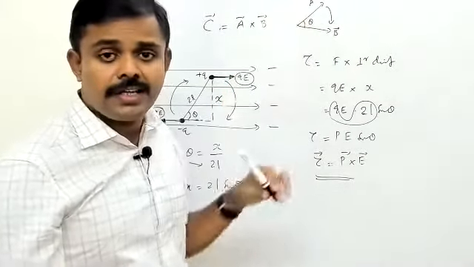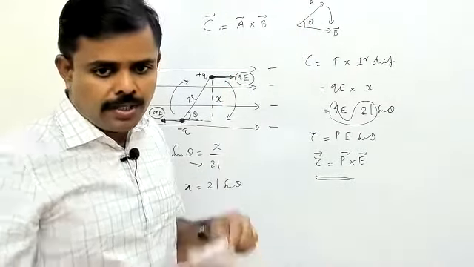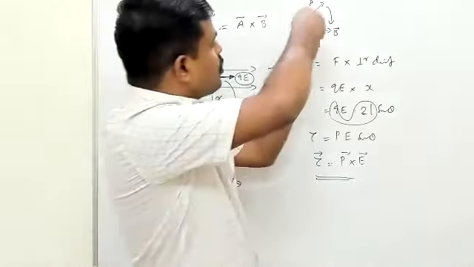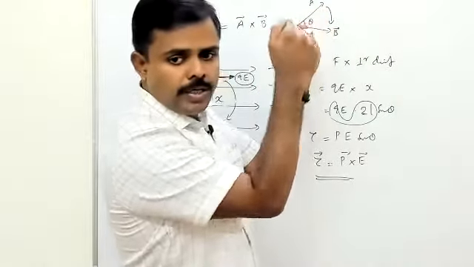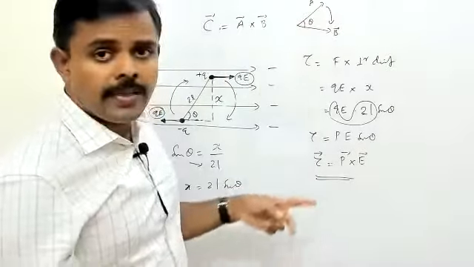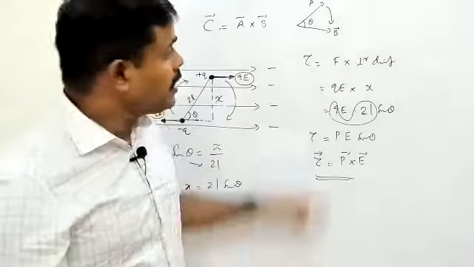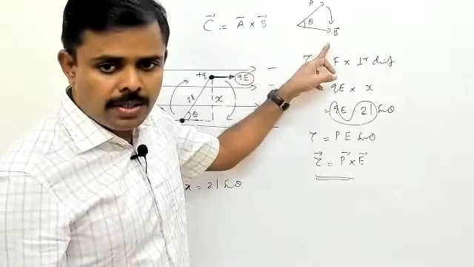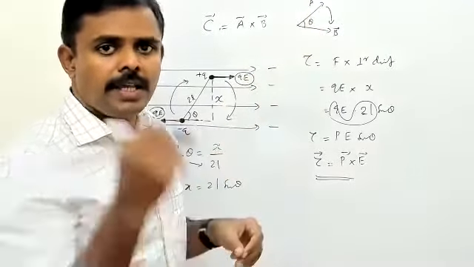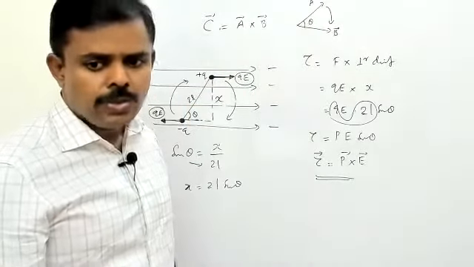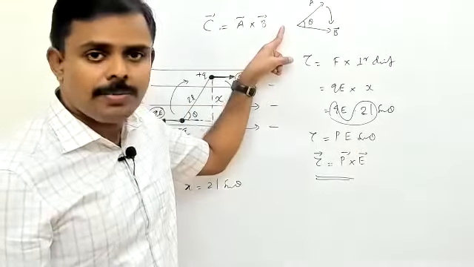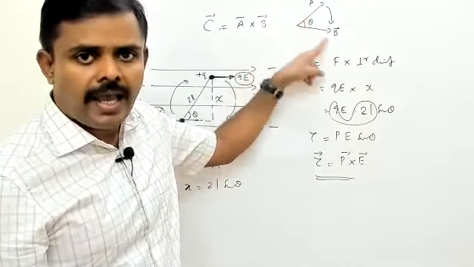That is called a right-handed screw. So my point is, A is on the board, B is on the board, A cross B is into the board. So I could say A cross B is perpendicular to both A and B.